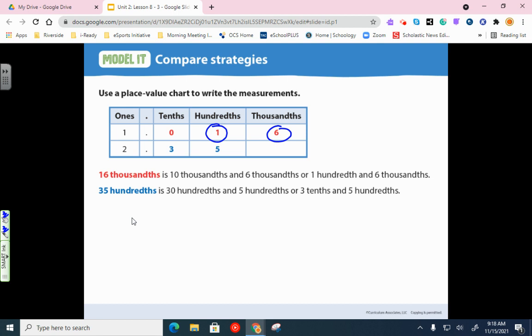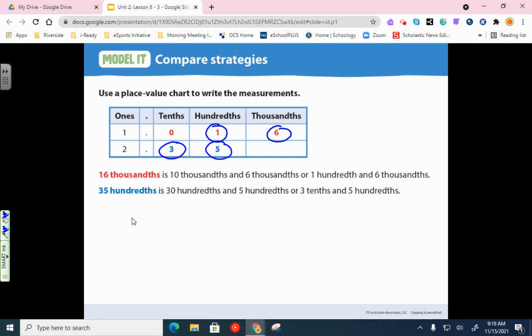Now 35 hundredths is actually 5 hundredths and 3 tenths, just a combined form of that. So you can do expanded form by looking at a place value chart and breaking things down pretty easily like that.